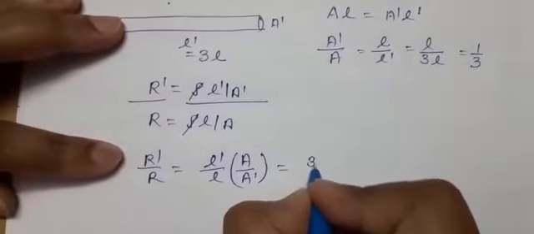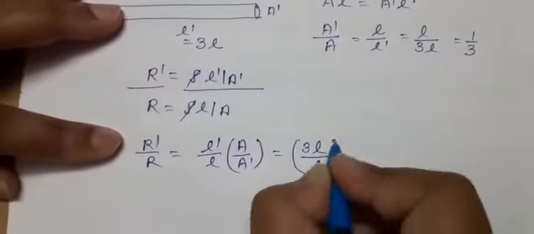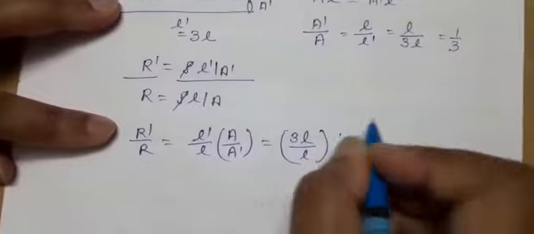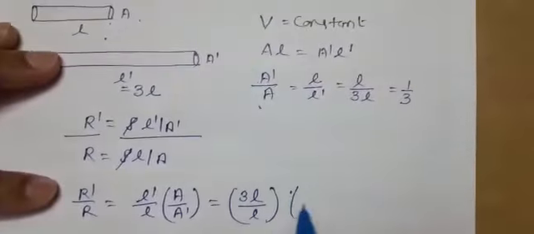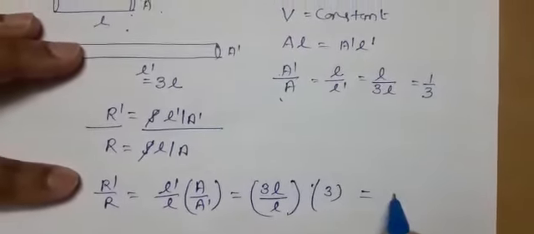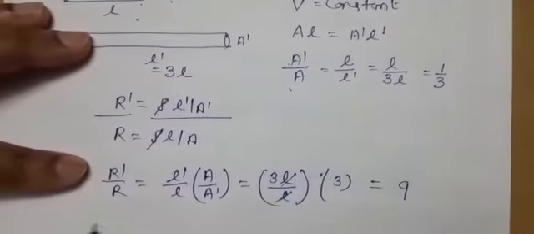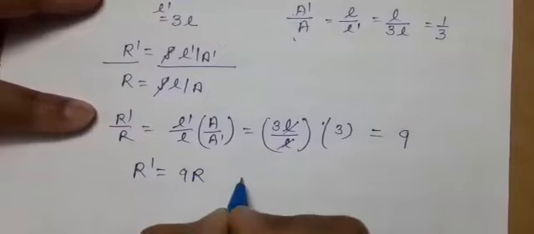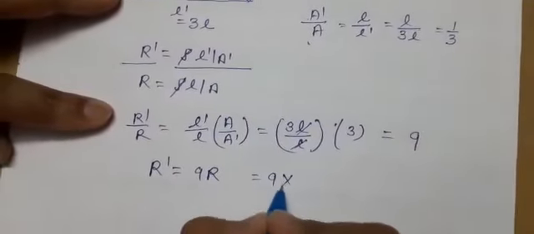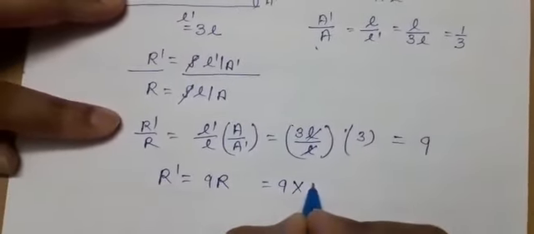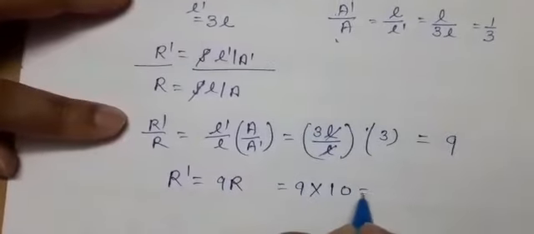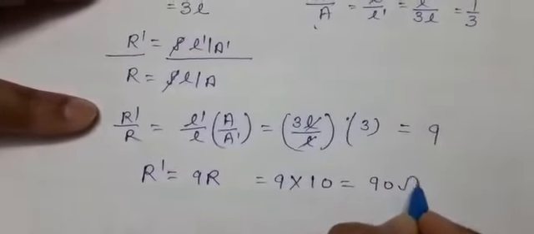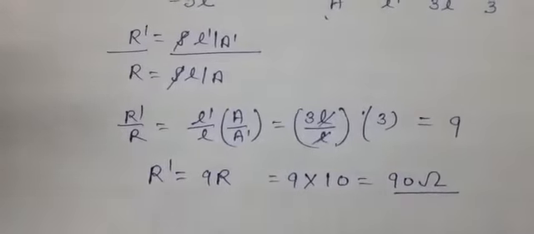L dash is 3 times L, and A upon A dash will be 3. So 3 into 3 upon 1, so it will be 9. L will be cancelled out. So it means R dash will be 9 times R. Now substitute the value of original resistance that was given to be 10 ohm. So the new resistance will be 90 ohm.